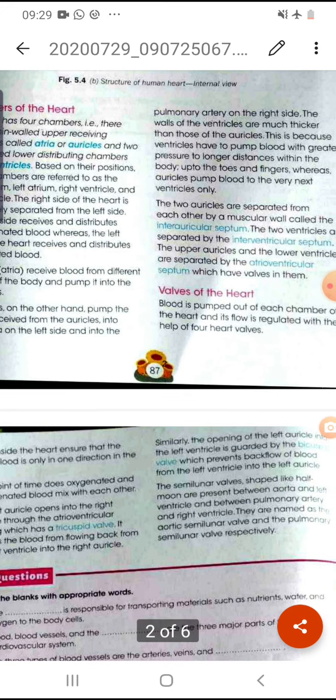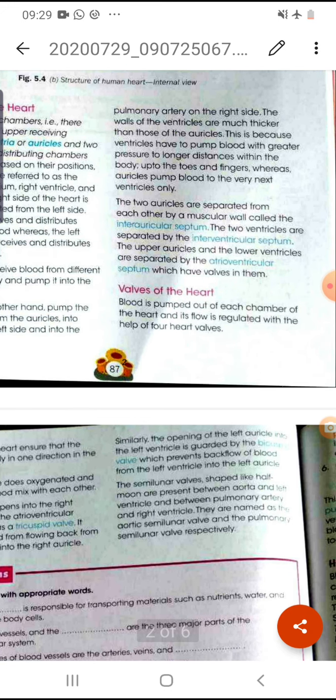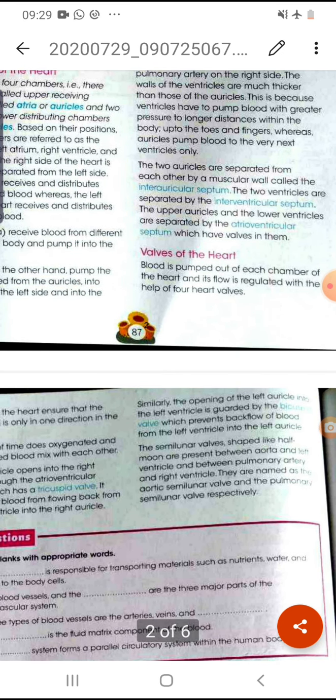Next, the valves of the heart. In the structure of the veins, I have told you about the valves, that within the veins valves are present, and they help the blood flow in one direction. It prevents the backflow of the blood.